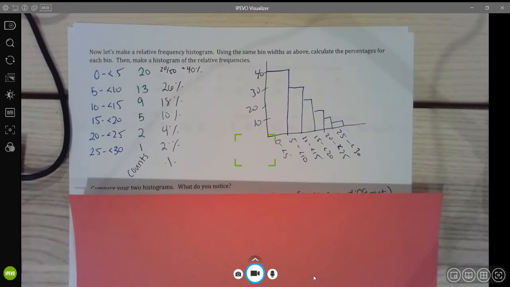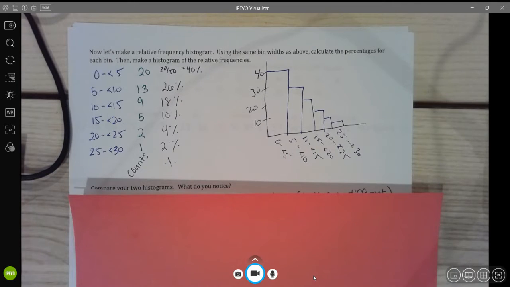Same thing as before. This one goes to 40%. This one's 26%, 18%, 10%, 4%, 2%. And that's going to be my histogram. There it goes. So there's going to be my relative frequency histogram for the same data.